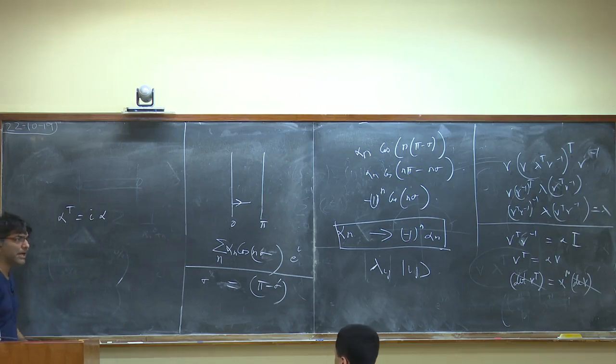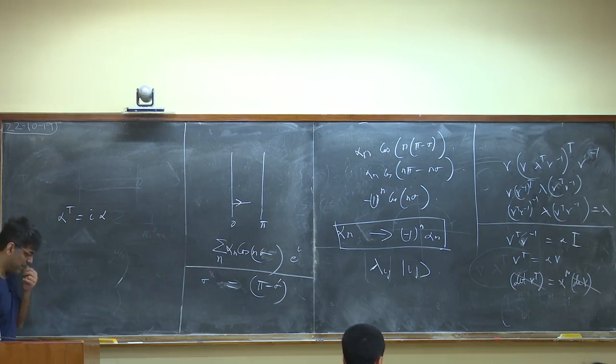Now, the other thing about alpha transpose and alpha is that they have the same eigenvalues. So the trace will be the same. More generally, the eigenvalue equation, determinant of this equal to 0, is the same as its transpose, right?